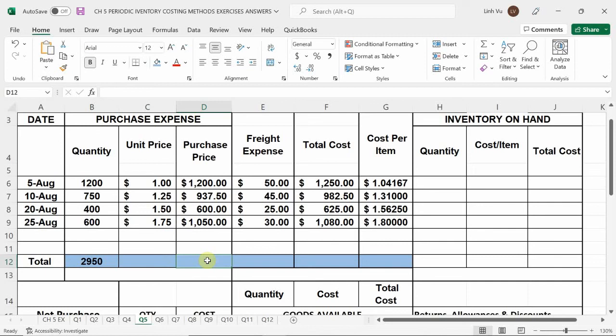Right, 1,200 plus 937.50 plus 600 plus 12.50. 3,787.50. Good. And then what is my total freight? 150. Okay, 150, and then your total cost should be $3,937.50.